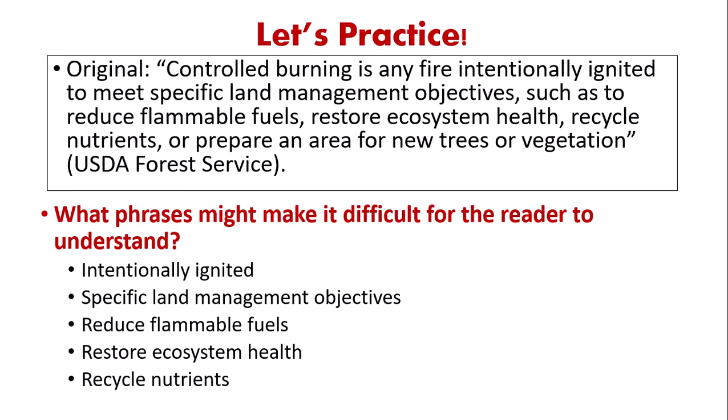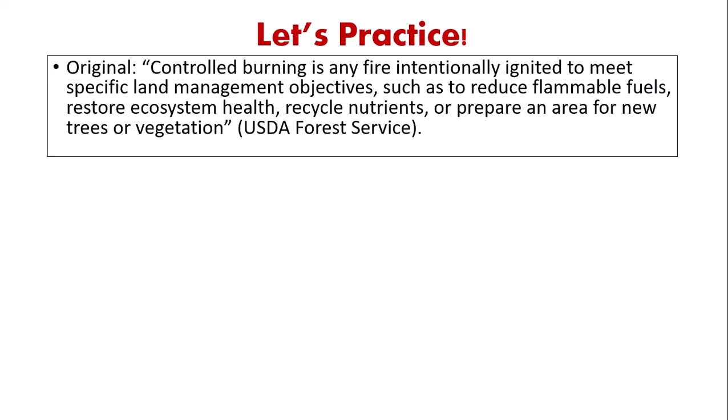So I have a lot of phrases here that might make it difficult for the reader to understand. Intentionally ignited, restore ecosystem health, recycle nutrients, all of those things. It's a little bit technical in the language, right? So I want to reword a lot of this to make it easier for my reader to understand.